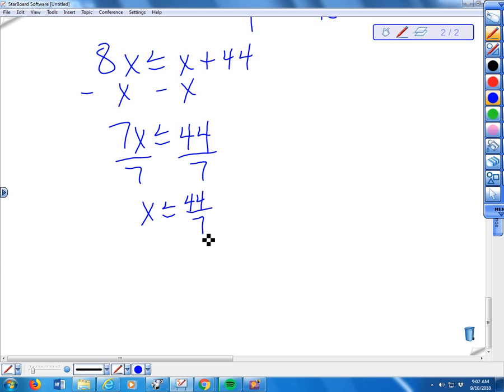Okay, how do I write this? Well, let's do a number line first. Is it greater than 0? Yeah, so it's going to be over here somewhere. It's actually going to be about 6 units and then a little more. Right? Is it closed or open? Is it going left or right? Left. Okay, how do I write this in interval notation?